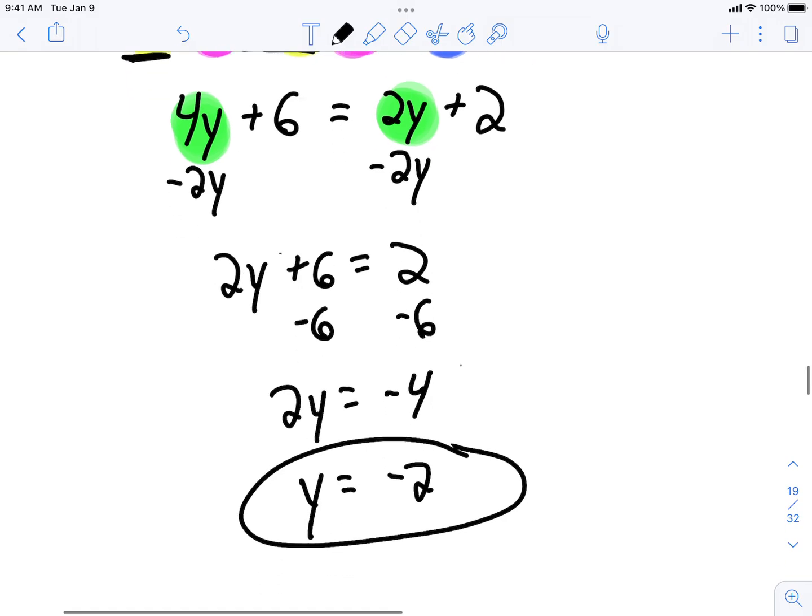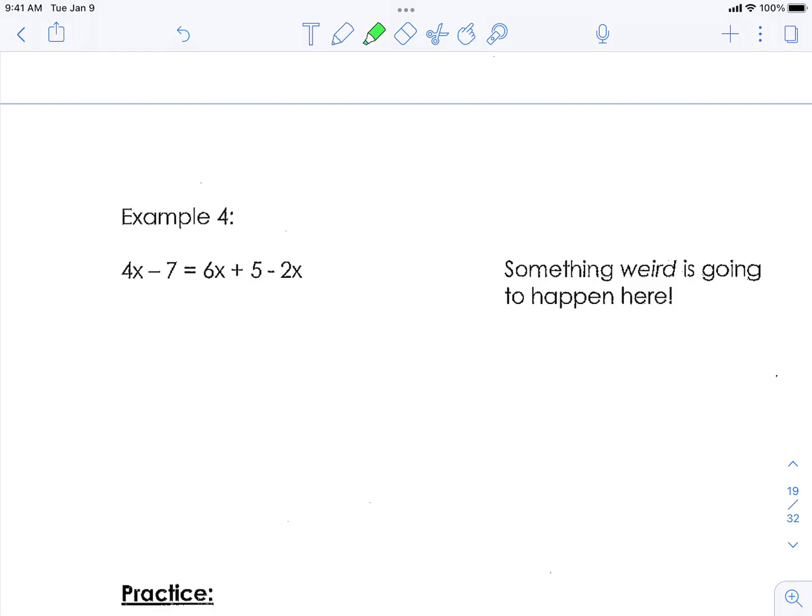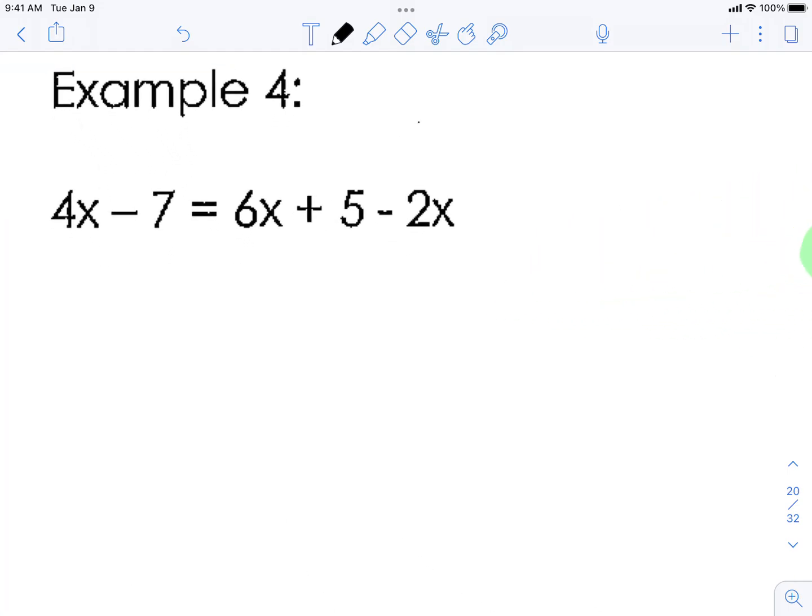Okay, one more example I want to show you here because something weird is going to happen with this one. So let's see what it is. Looks like a pretty basic problem. We have x's. Let's worry about the right side first.